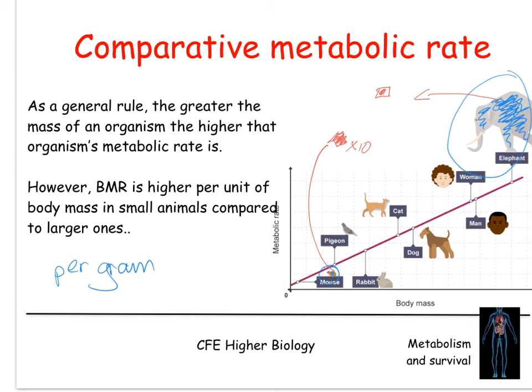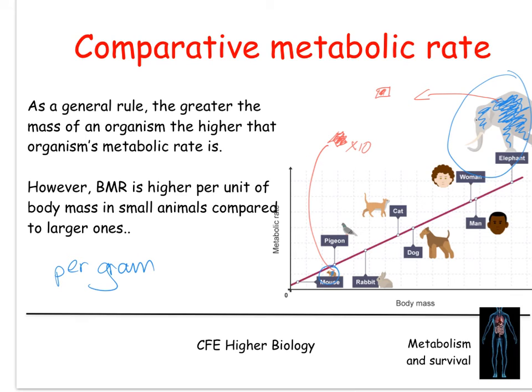So a mouse loses far more heat far more quickly than an elephant does, and therefore it's going to have to take in much more oxygen and metabolize glucose an awful lot more in order to produce heat to keep its internal temperature at a regular, balanced level. So that's one of the thoughts behind why you've got this higher metabolic rate.